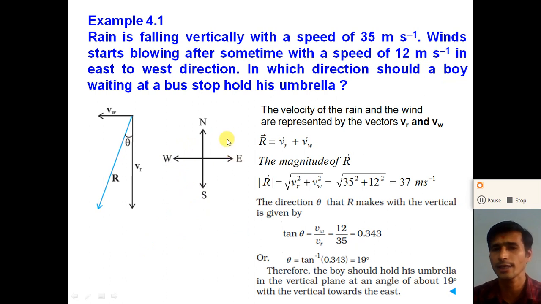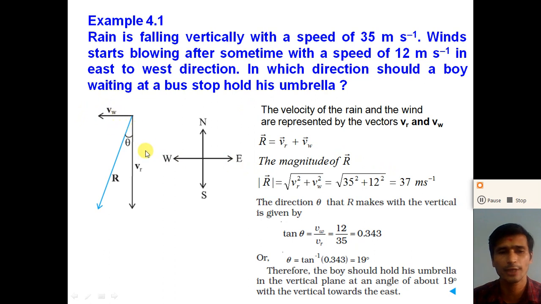The velocity of the rain and the velocity of the wind can be represented by Vr and Vw. The velocity vector of the rain Vr is vertically downward, and the wind blows from east to west, so the velocity of the wind Vw is in the direction of east to west.